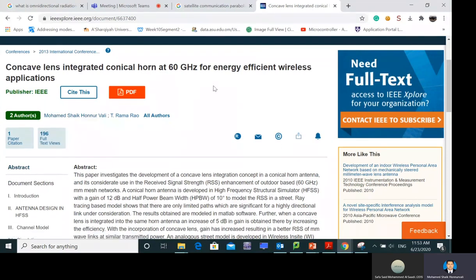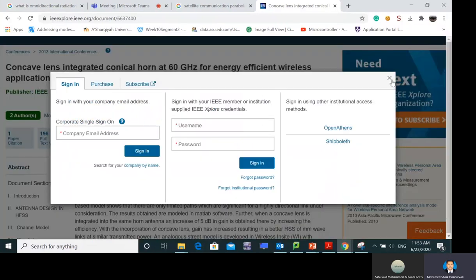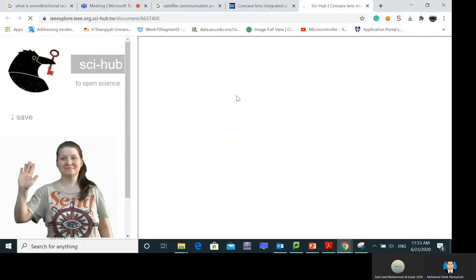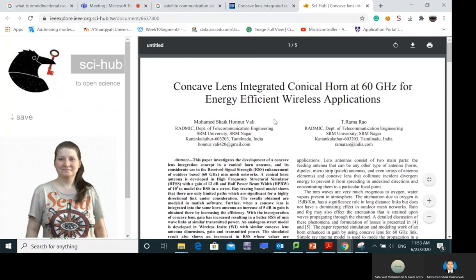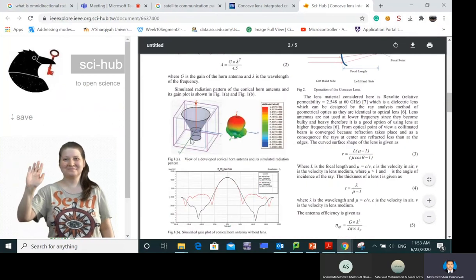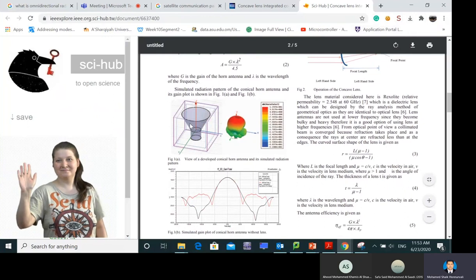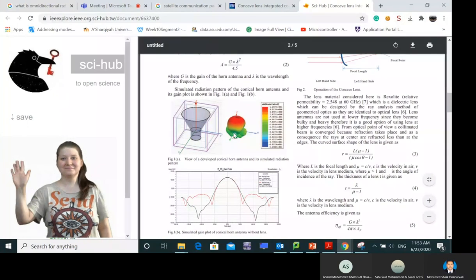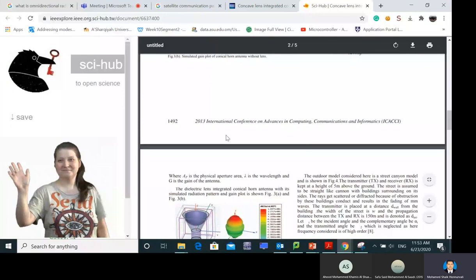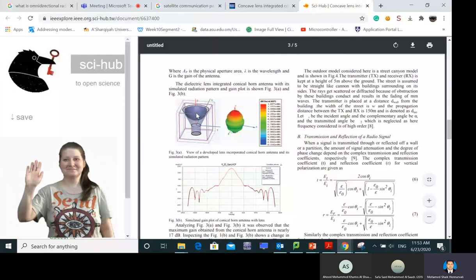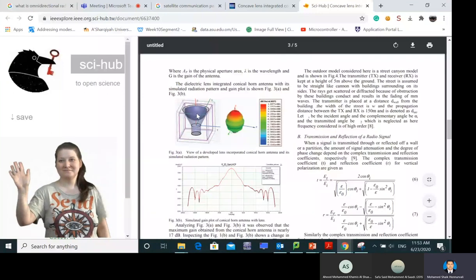There are 2-3 paper citations as well. Yeah, this one. So you can see here, this is the antenna I have simulated, a cylindrical cone horn antenna. And for this, you can see in this box, I have integrated the lens inside it.